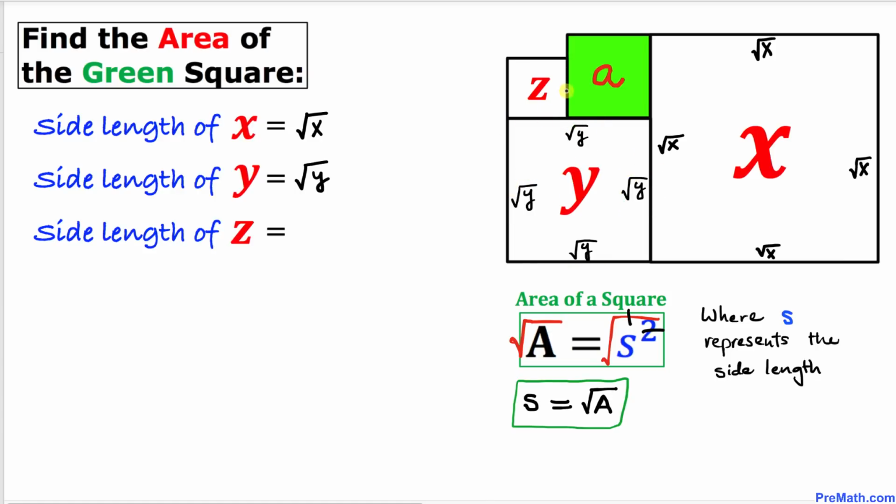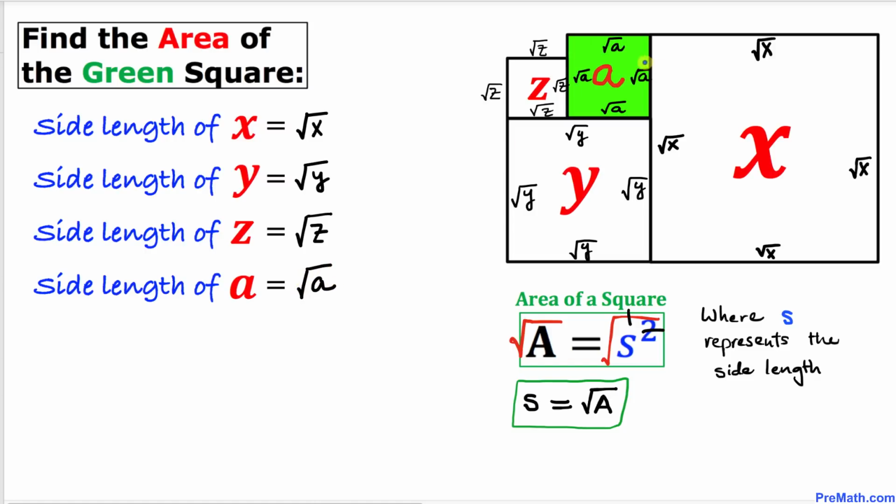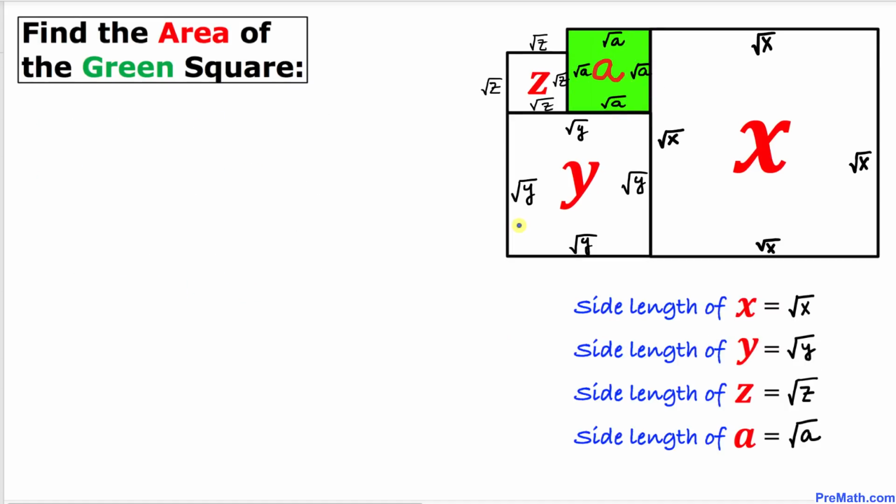And now we are going to find the side length of this smallest square, and that is simply square root of z, all these four sides. And finally, let's find the side length of this green square. Its side length is simply square root of a. So the side length of this green square turns out to be square root of a, all these four sides.